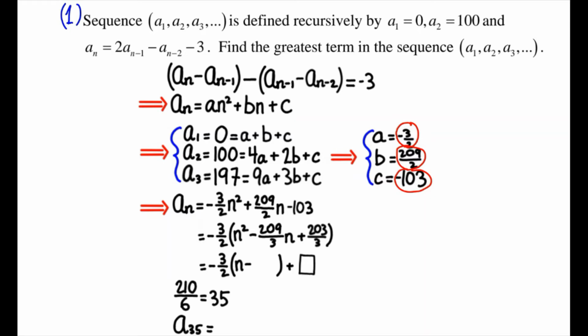So first of all, what we need to do is take out minus 3 divided by 2, because that's the constant that's multiplied by n squared, which has the highest degree. So we're left with minus 3 divided by 2 times n squared minus 209 divided by 3 n plus 203 divided by 3. Now to make this a perfect square, we need to get rid of n squared and minus 209 divided by 3 n.